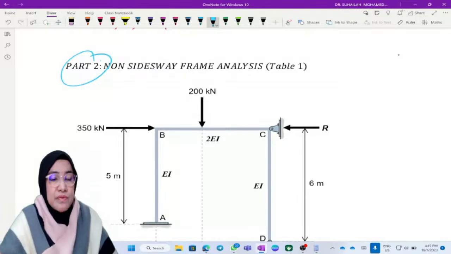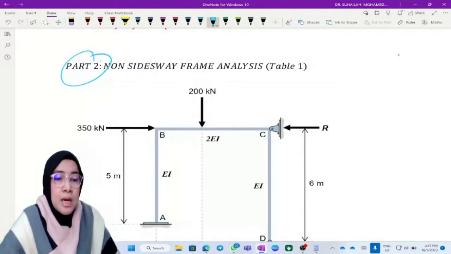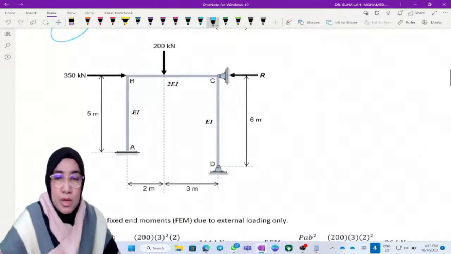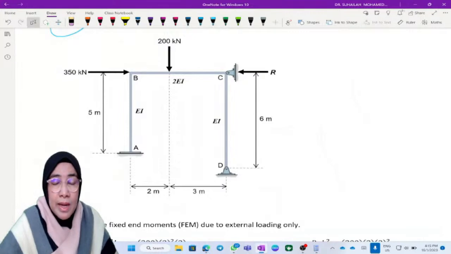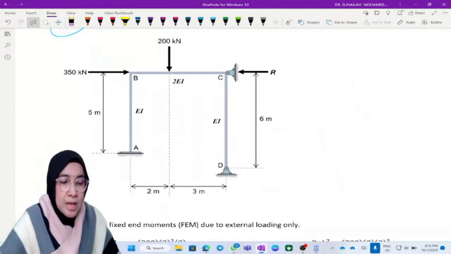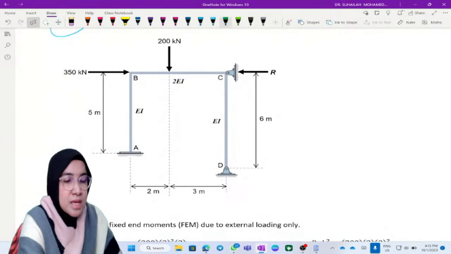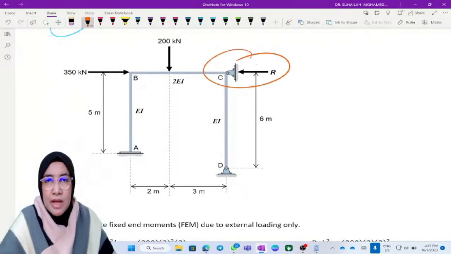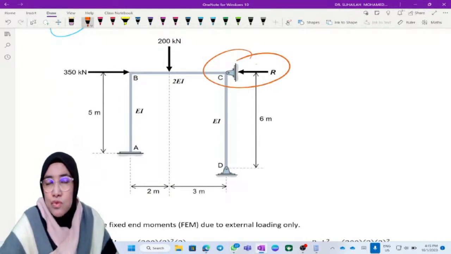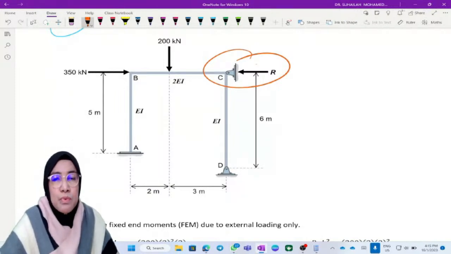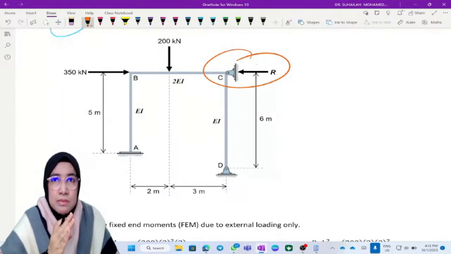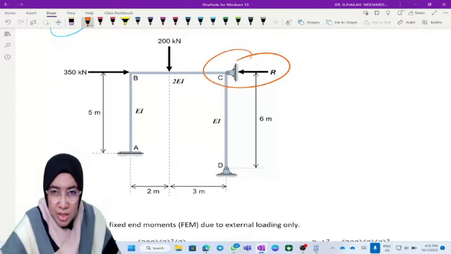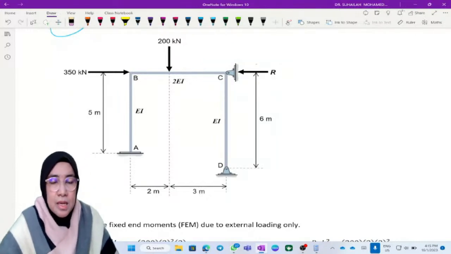We have to change the condition from the sidesway frame, the original one, to a fully restrained frame by putting an artificial support at C, because from the original diagram the frame tends to sway to the right, so we put a support at C so that the frame cannot move to the right.